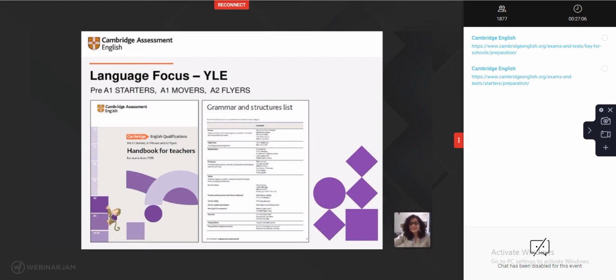Now, in this list, you have a list of the grammar elements, the grammar areas, and the functional language. So on one side, you have the grammar area, and against it, you have the grammar structures that the candidate at that level needs to be aware of or needs to make use accurately, right? So this is your language focus.